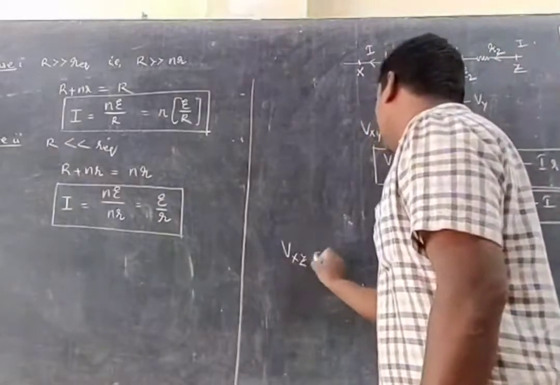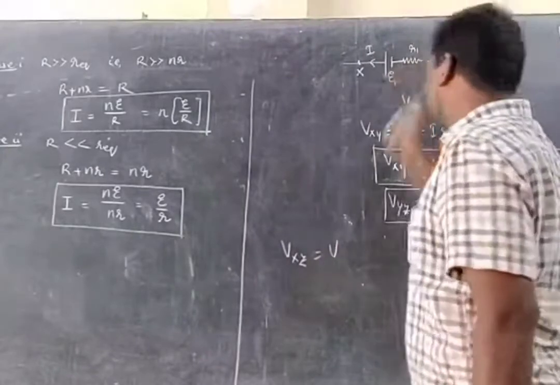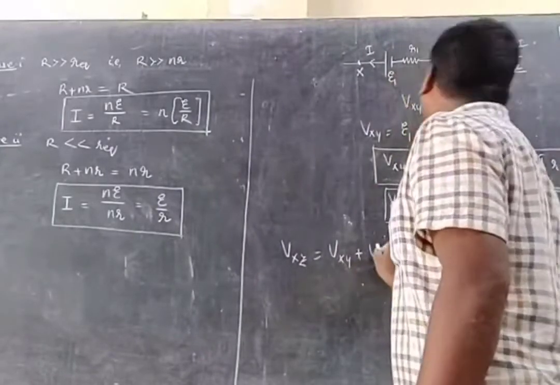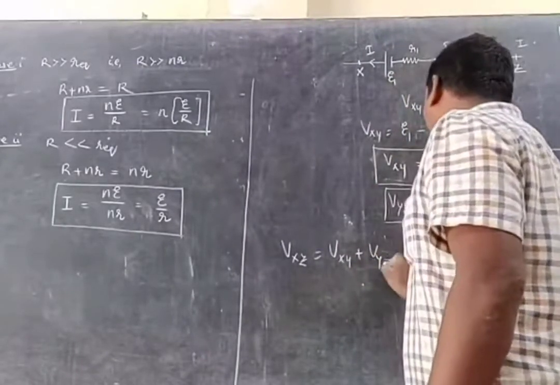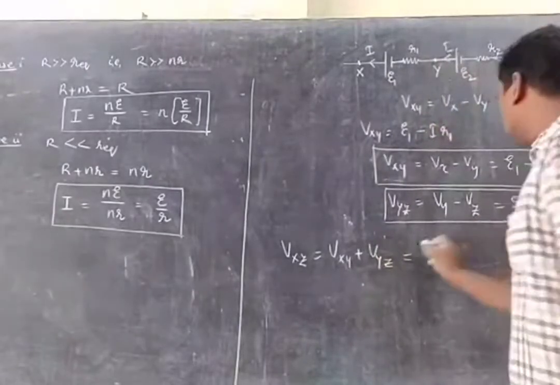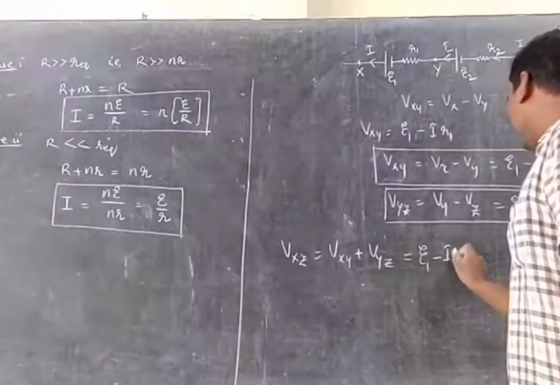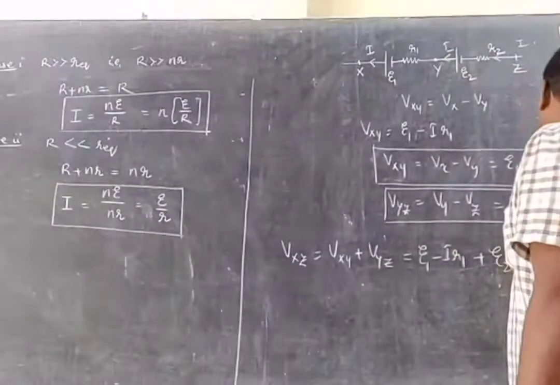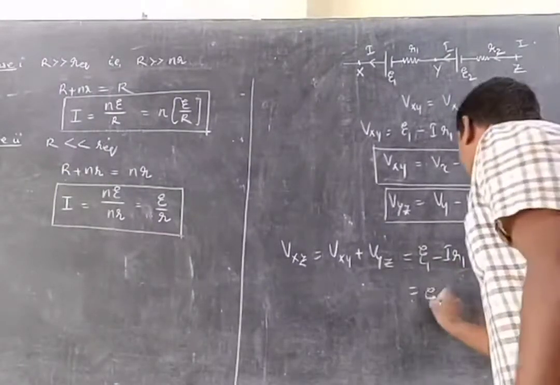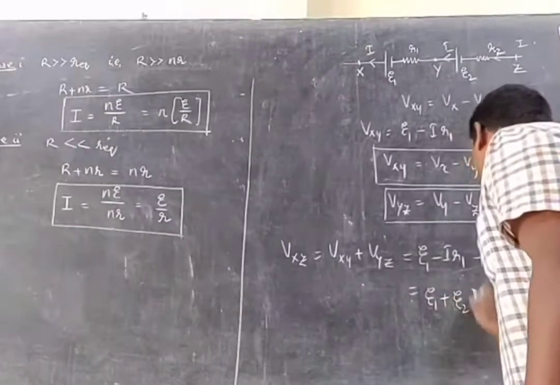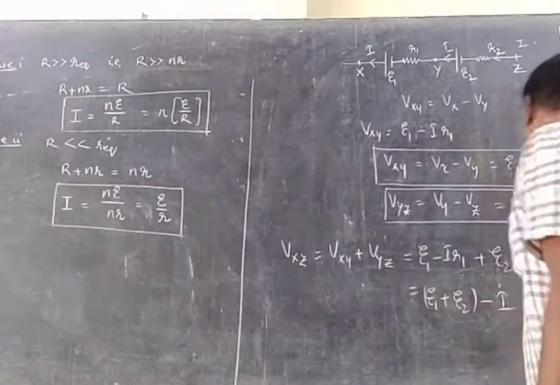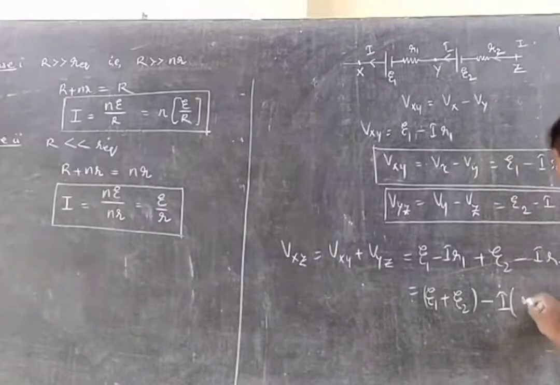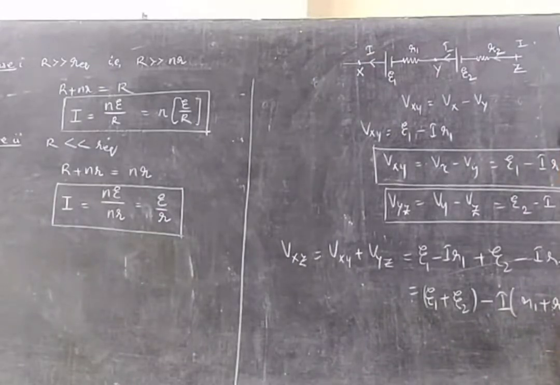Vxz is equal to Vxy plus Vyz. The XZ value is E1 minus IR1, plus the YZ value, E2 minus IR2. Rewrite this equation: E1 plus E2 minus I, taking I common, times R1 plus R2.